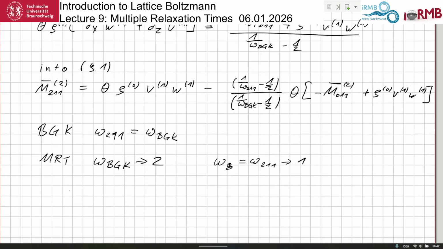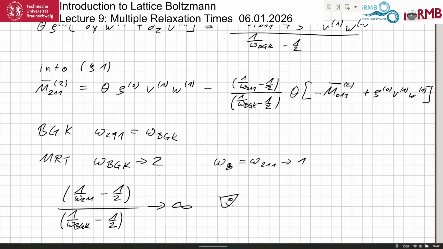Meaning that 1/ω2 minus 1/2 divided by 1/ω BGK minus 1/2. So this goes large. And the thing with the ghost is, ghosts are not harmless if they get too big. Say this is a big ghost.